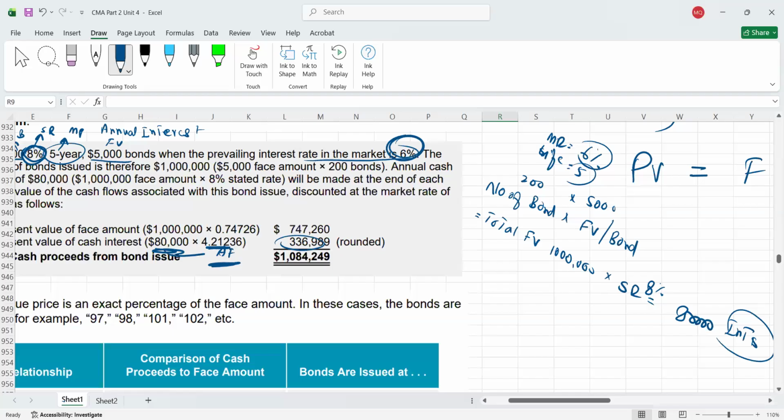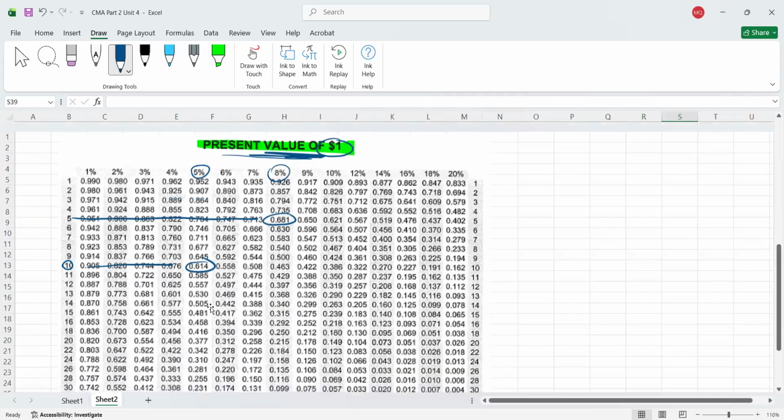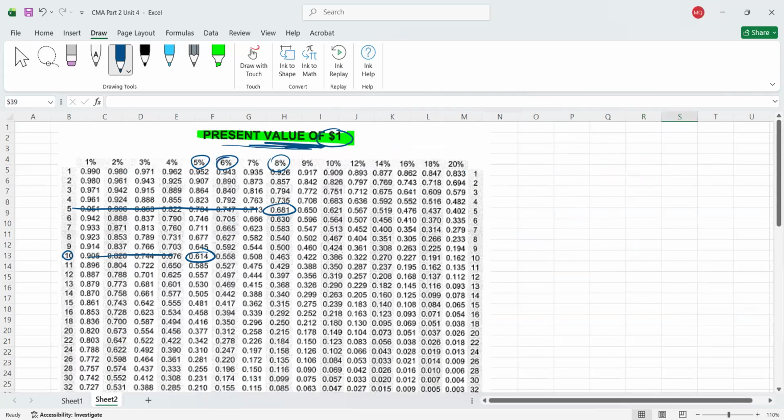Then you already have the total face value. This is what we are writing here: face value, now 1 million, times. This face value you need to multiply with the $1 figure. You know the $1 table. Go to the table and again look for 6%, 5 years. The figure is something like 0.747.